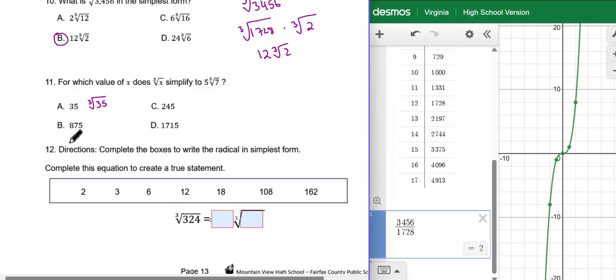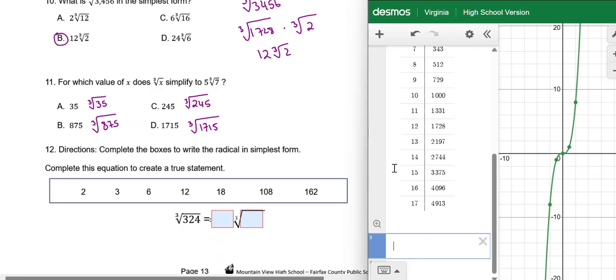Because the numbers are values for x. So this is a weirdly written question, but that's what it's asking for, cube root of 245. This one would be cube root of 875. And then this one would be cube root of 1715.